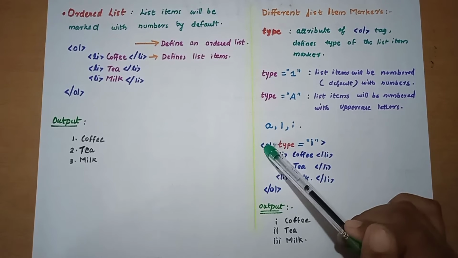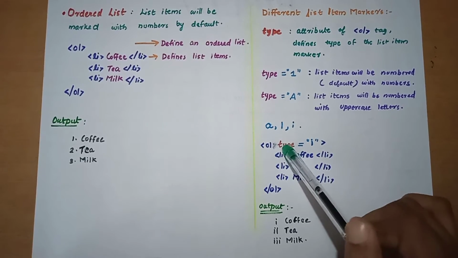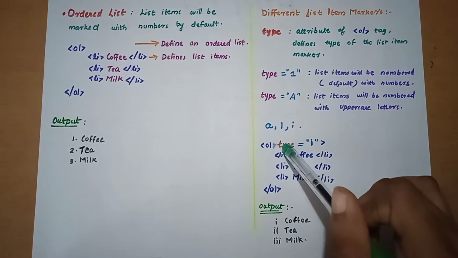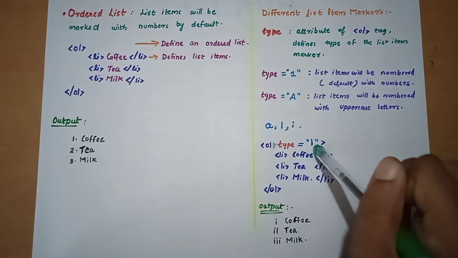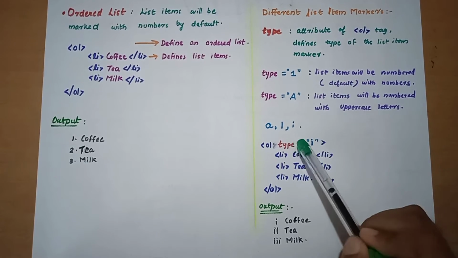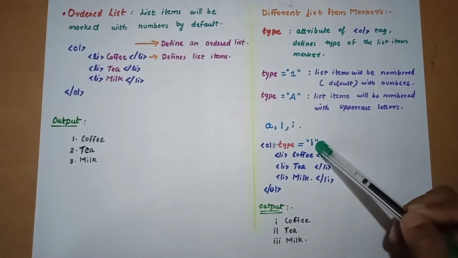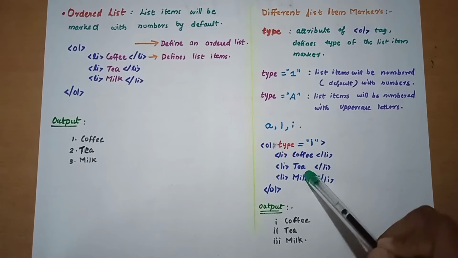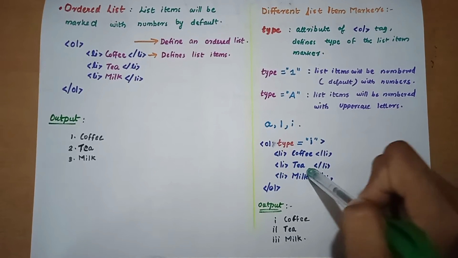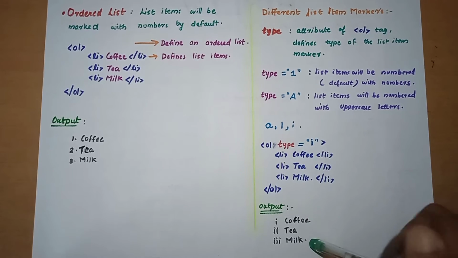Here we opened our ordered list tag, and we want to represent our list items in small Roman numerals. So we used type equal to small i, which means a representation in small Roman numerals. Then we write all our list items, and when we execute it we get an output like this.